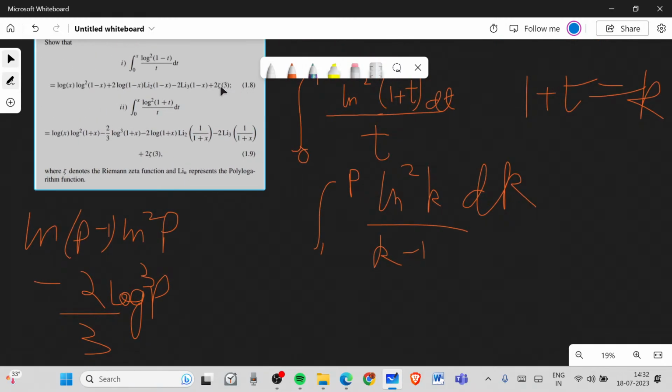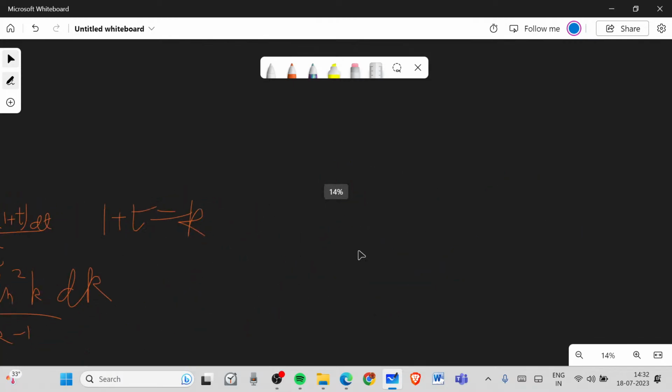This question is very much different from this thing. It seems that they are similar, but it's different. Basically the problem is that we have to get it in the form of Li(1 by p). And what was Li?